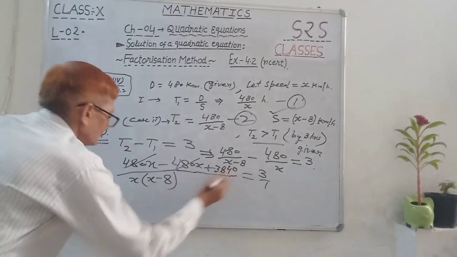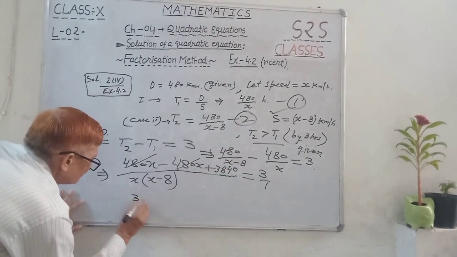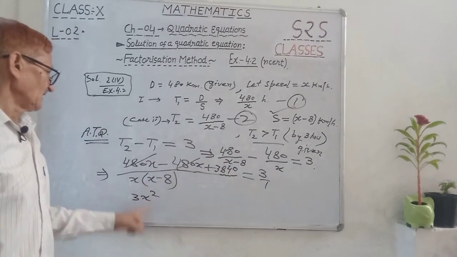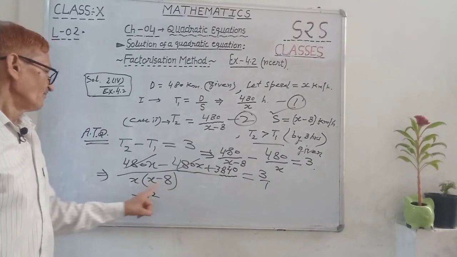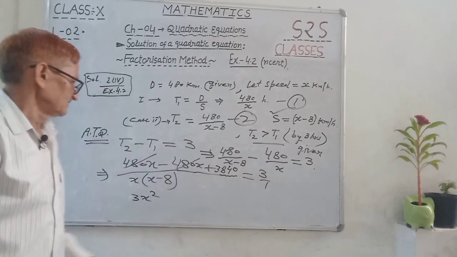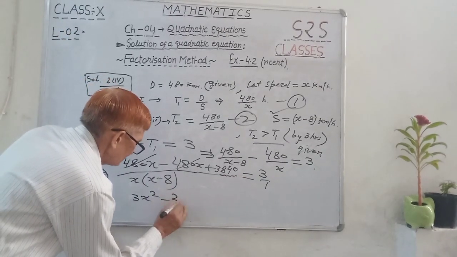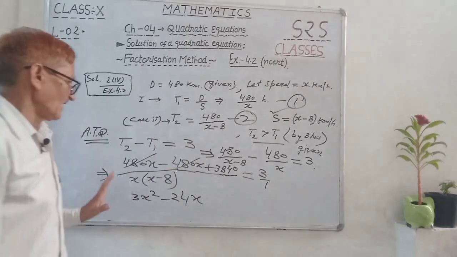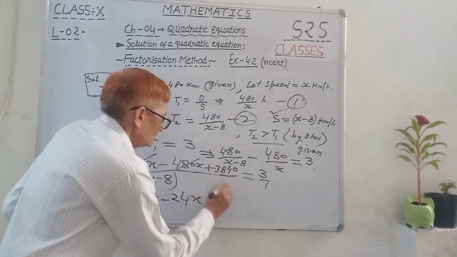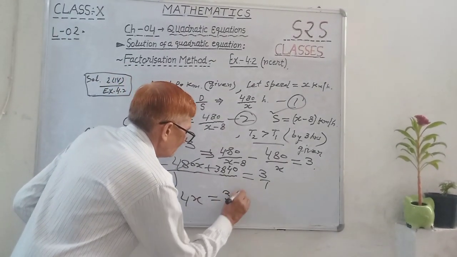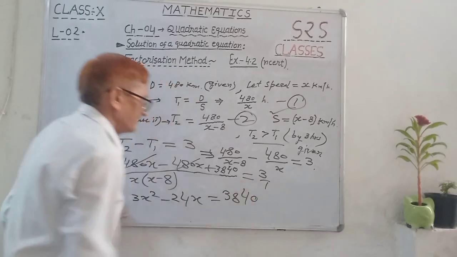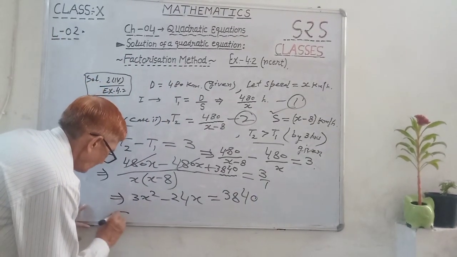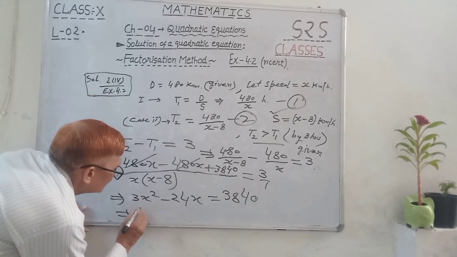So x square into 3, 3x square, and minus 8x into 3, minus 24x. This product by 3 done is equal to 3840 into 1, 3840. Then we can say this is the required quadratic equation.